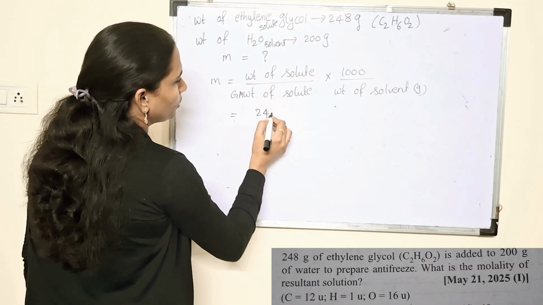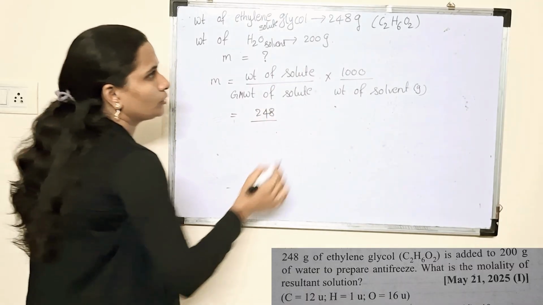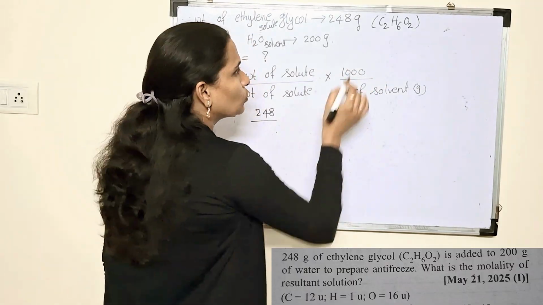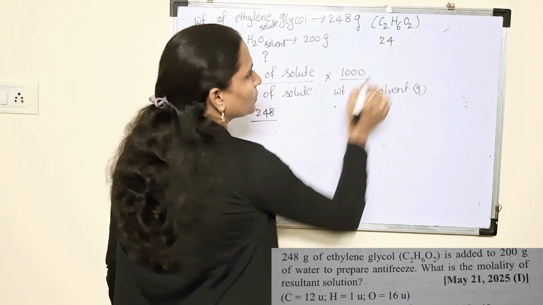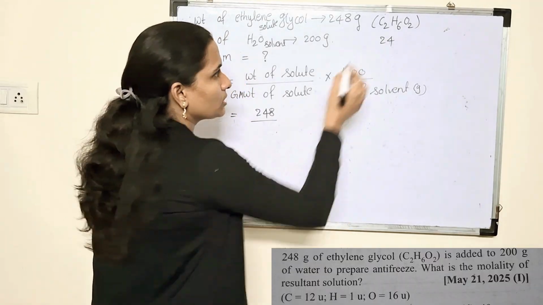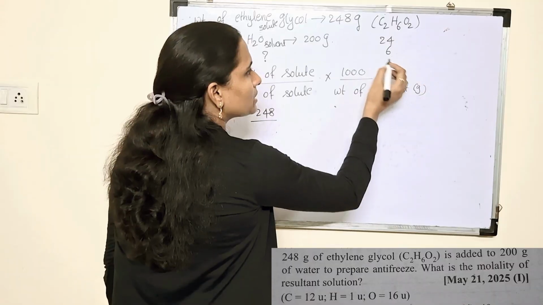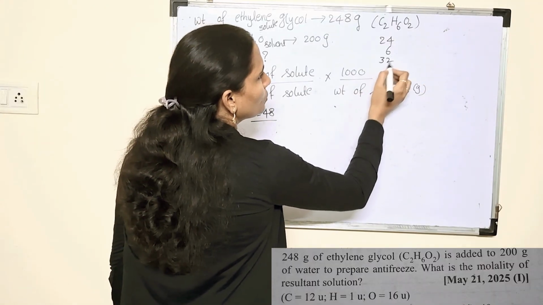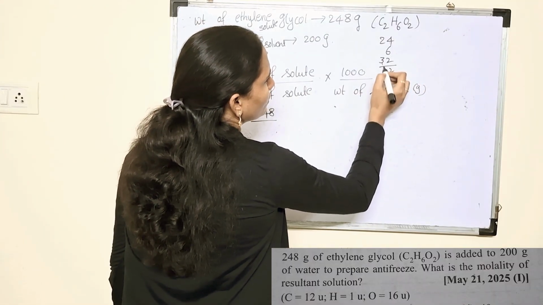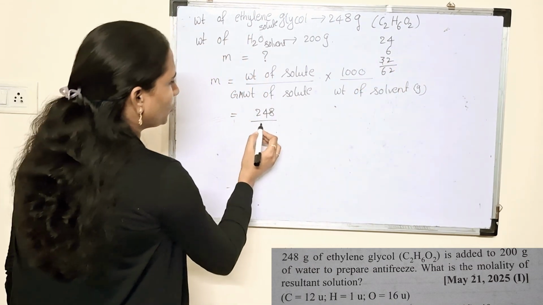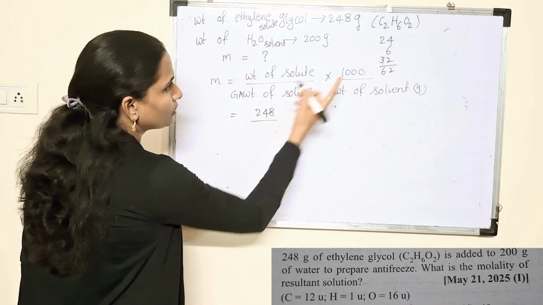Gram molecular weight of solute: 2 carbons, each carbon 12, so 24, plus 6 hydrogens, each 1, so 6, and 2 oxygens, each 16, so 32. Totally this is 62 grams. So 248 by 62.